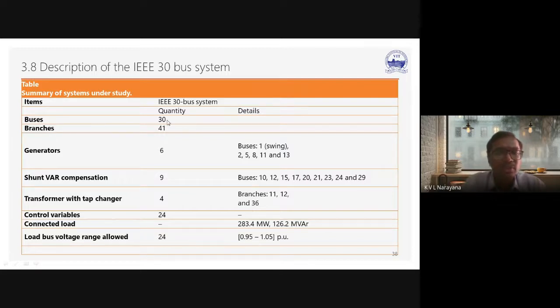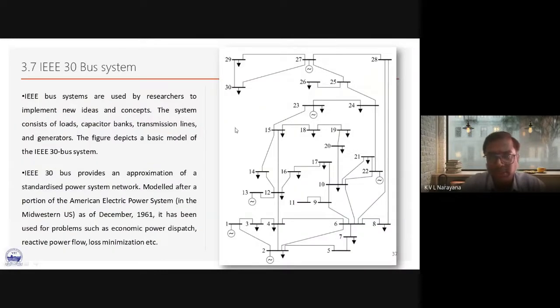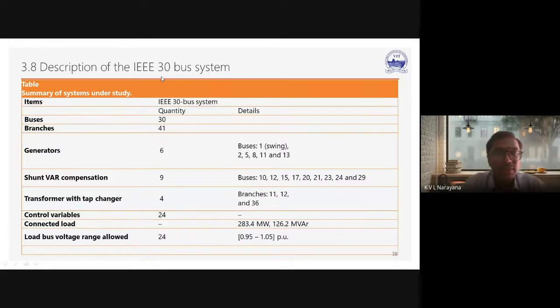There are 30 nodes, as I showed in the previous slide. There are 41 branches. Branches means the lines connecting the buses; between 1 and 2, there is a line connected, and this is called a branch. There are 6 generators, out of which one is the swing or slack bus, and the generators are connected at the 2nd, 5th, 8th, 11th, and 13th nodes of the bus system.